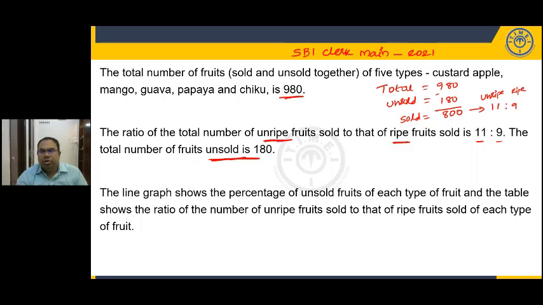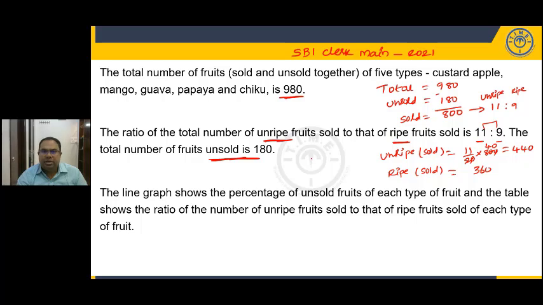How many unripe sold? 11 upon 20 into 800, 2 goes 40 times, 440. 800 minus 440 gives ripe sold, 360.